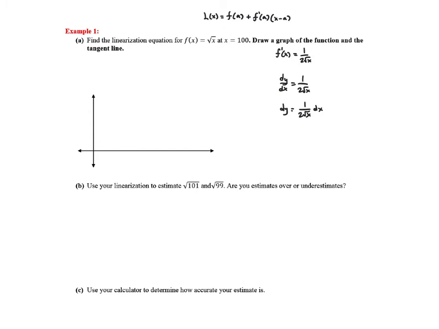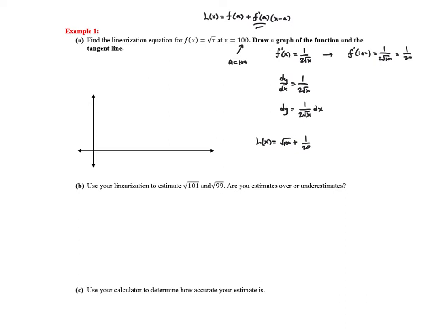Okay, so let's build this. So L of x would equal f at a. Well, what is a? A is 100. So I want the square root of 100 plus f prime at a. So that's f prime at 100, which will be 1 over 2 times the square root of 100, which is equal to 1/20th.